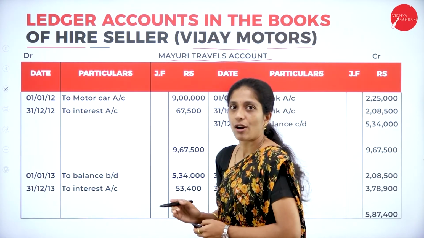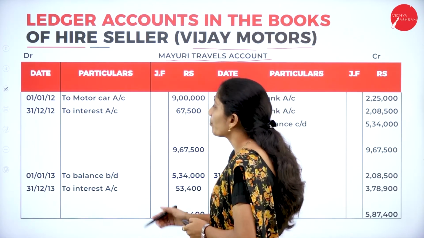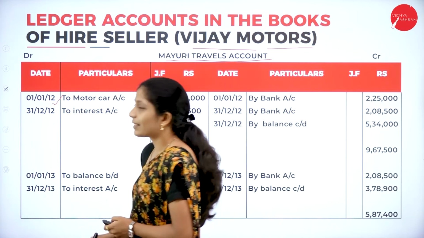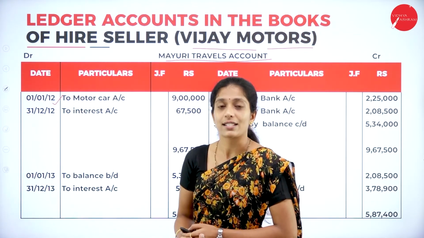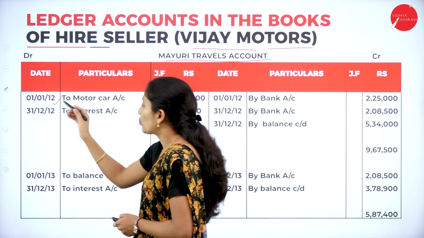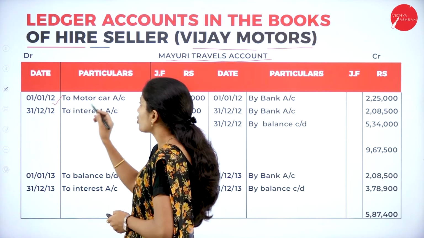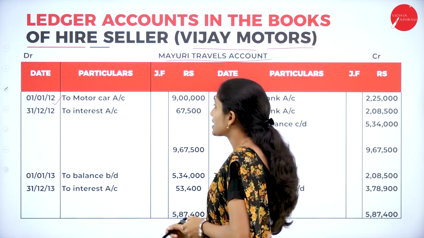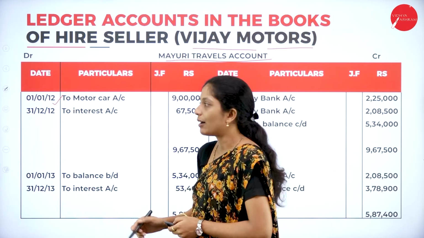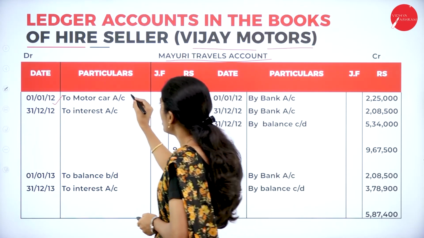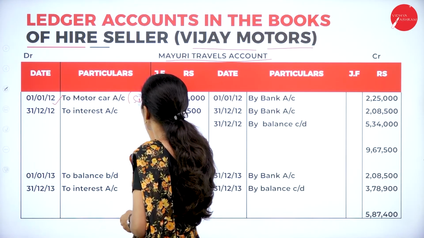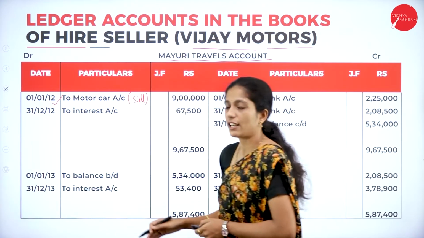Hire purchaser account debit to asset account. Now on the date, when did the hire seller sell the asset? That is on 1/1/2012. So your entry will be MYSURU Travels account debit to motor car account. This entry is for selling of asset.